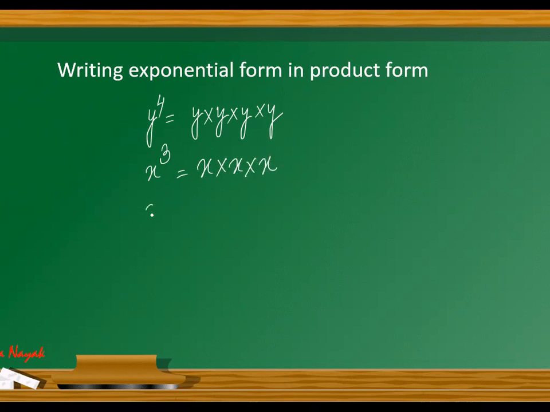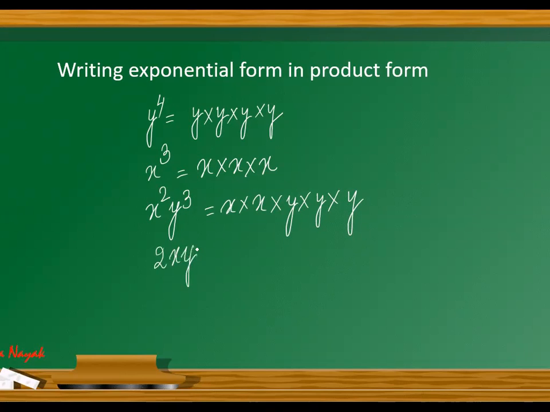If it is x square and y cube, that means x is multiplied 2 times and y multiplied 3 times. Similarly, there may be a number here, 2x, y, z. That means in between they are all multiplication signs: 2x into y into z.